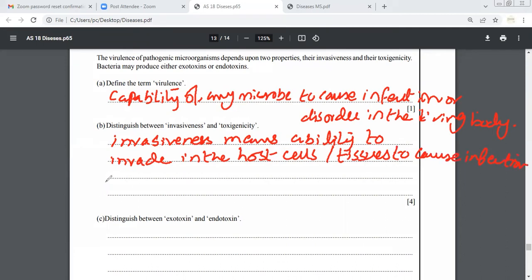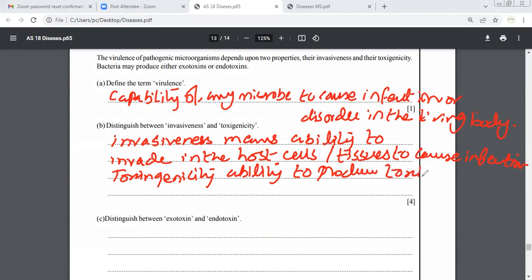And toxicity is the ability to produce toxin in order to harm the host cells and tissues.